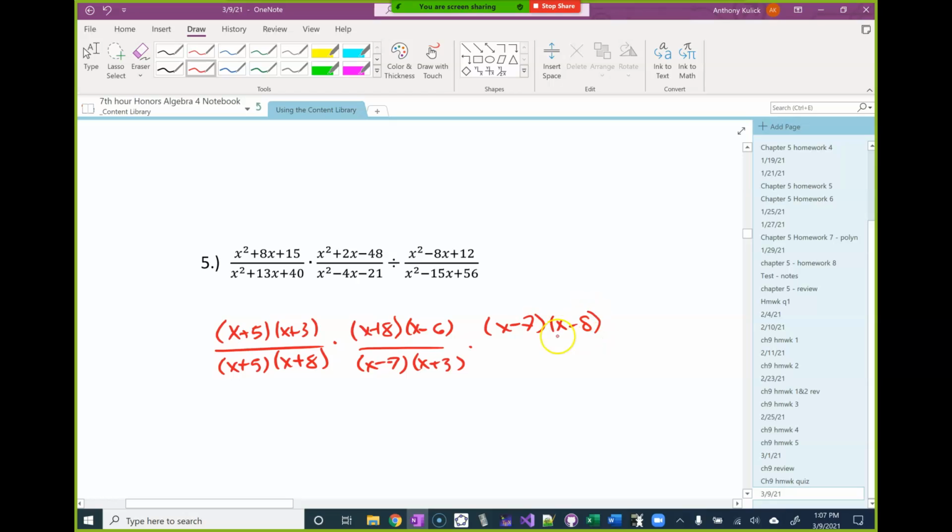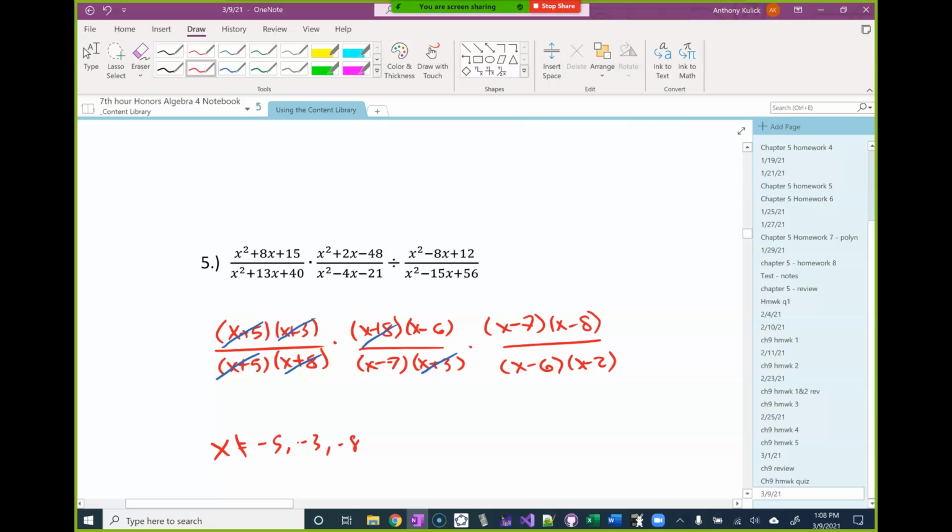All right. So x plus 5s cancel. X plus 3s cancel. X plus 8s cancel. Let's just kind of keep a running tally here of our restrictions before we get too far. So I have -5, -3, -8. And I don't have to worry about any of those things because they're all coming from the non-division part, right?